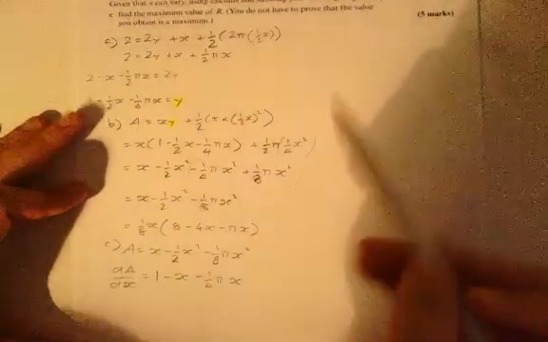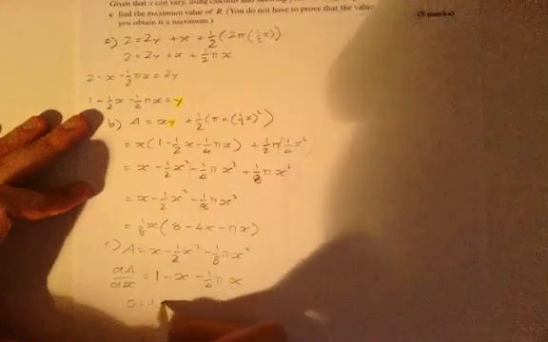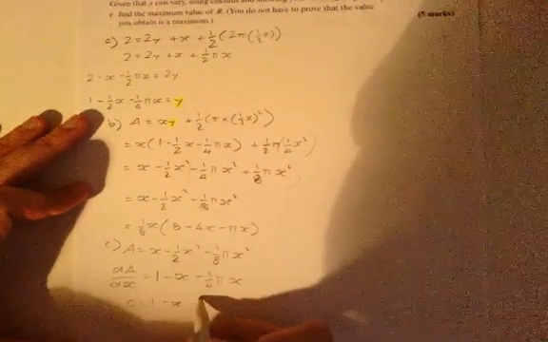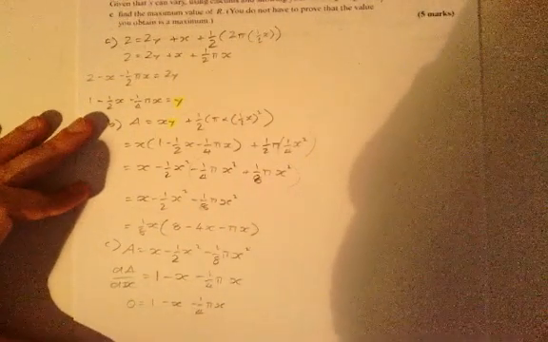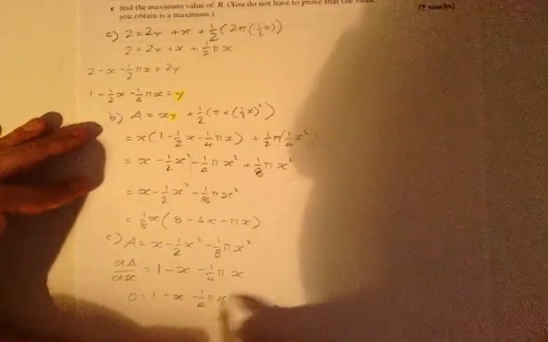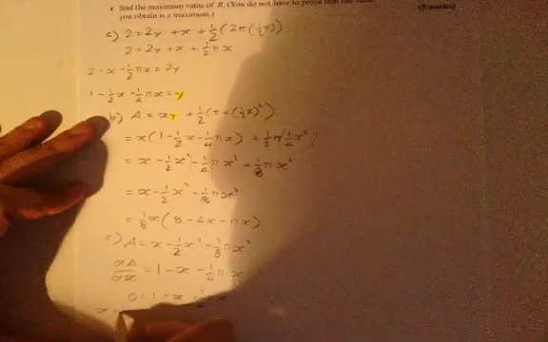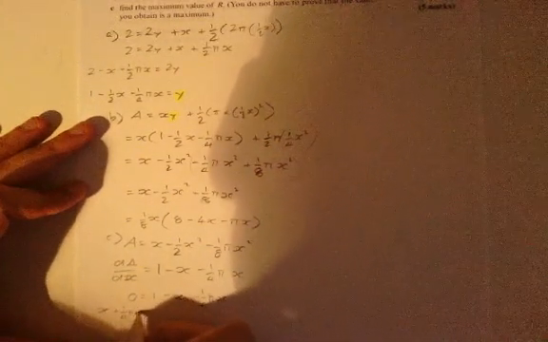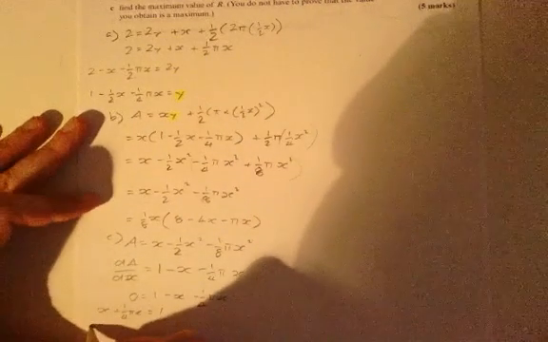Okay, so because this thing is going to be a maximum, we need to set this equal to 0. So we're going to get 0 equals 1 minus x minus a quarter pi x, and then we need to take the x's over to this side, so x plus a quarter pi x will equal 1.